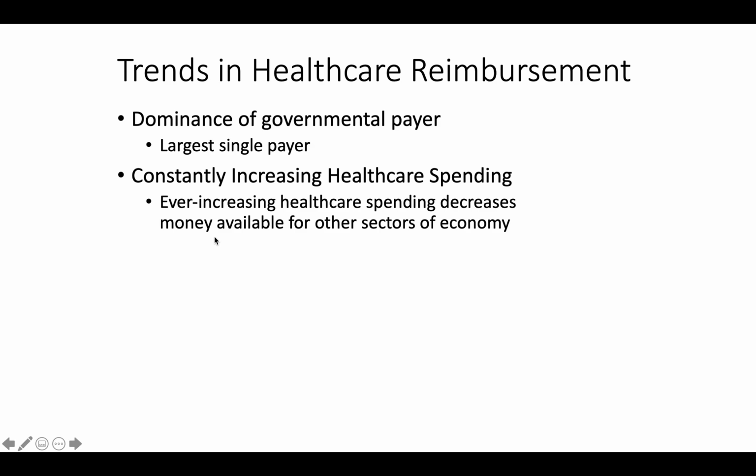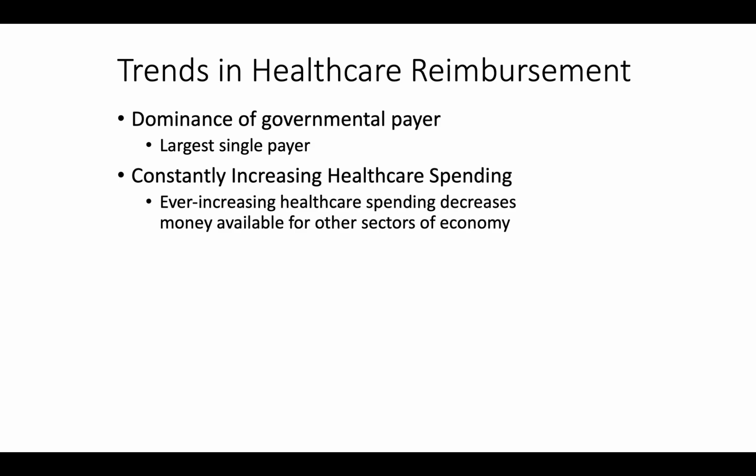Okay, new trends in healthcare reimbursement. There is a trend of more dominance of governmental payer to control the cost. If there is no control of the cost, the hospitals might increase the service unnecessarily, and this results in increased cost.